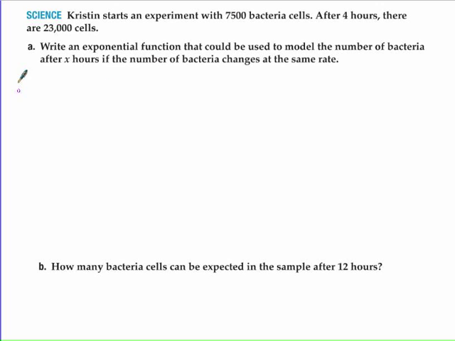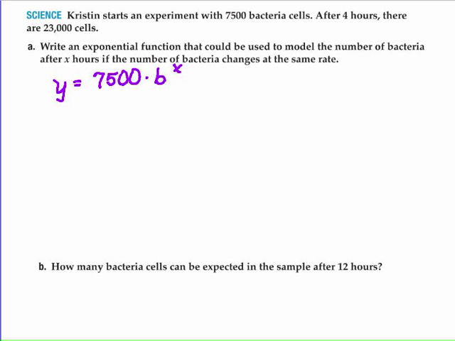So first of all, our formula, y equals a times b to the x. Do I know what a is? Yes. What is it? 7,500. I don't know what b is, so I'm just going to write that as b, okay, to the x power.